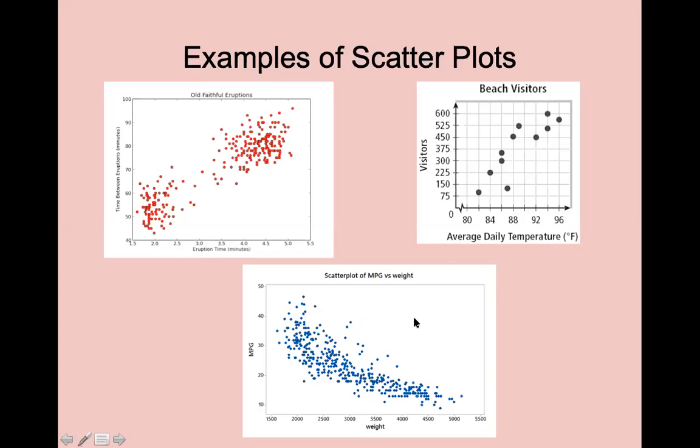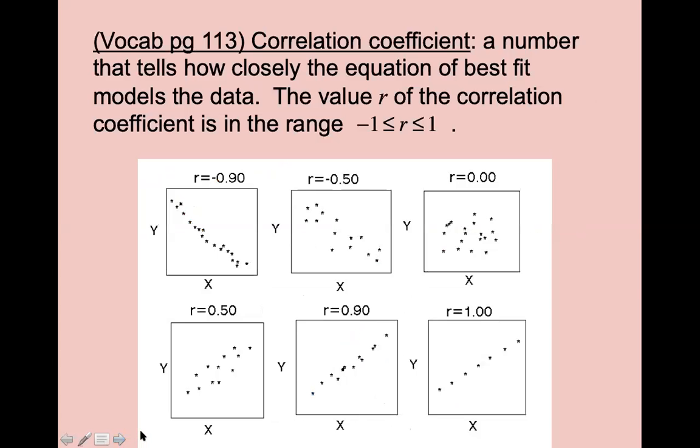This one is miles per gallon versus the weight of a vehicle. You can see the heavier the vehicle is, the lower the miles per gallon. That makes sense: big trucks aren't getting very good miles per gallon, whereas a little car or motorcycle is going to get excellent gas mileage way up here because they don't weigh very much. That's what scatter plots are talking about.